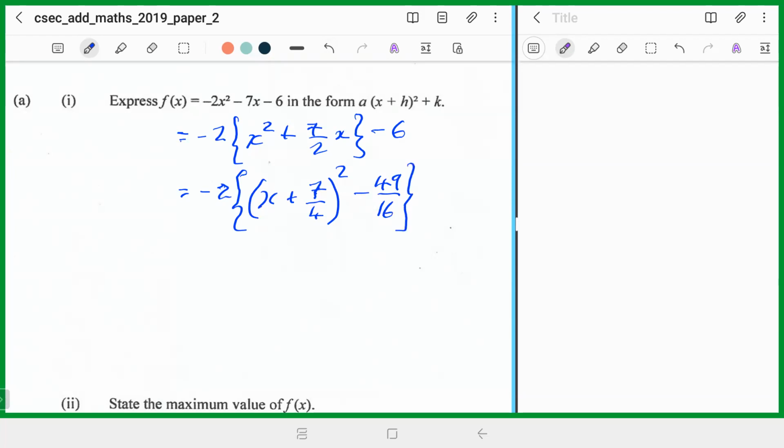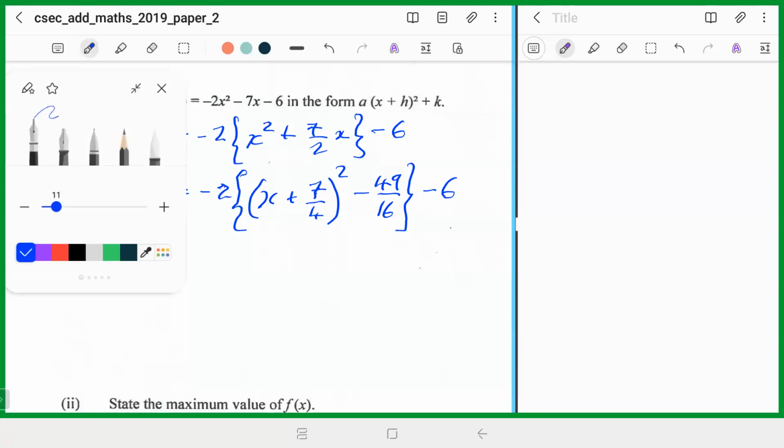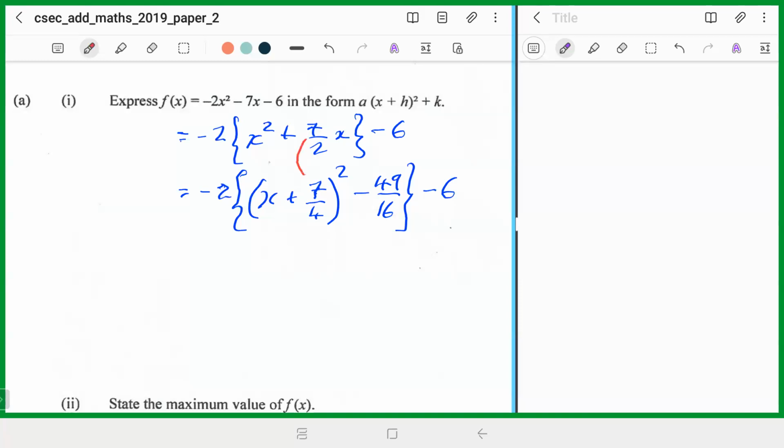All of that in the curly bracket, subtract 6. What did I do? Let me write what we did again. I took half of this inside here and I subtract the square of that there. That's how we complete the square, guys, after factorizing.